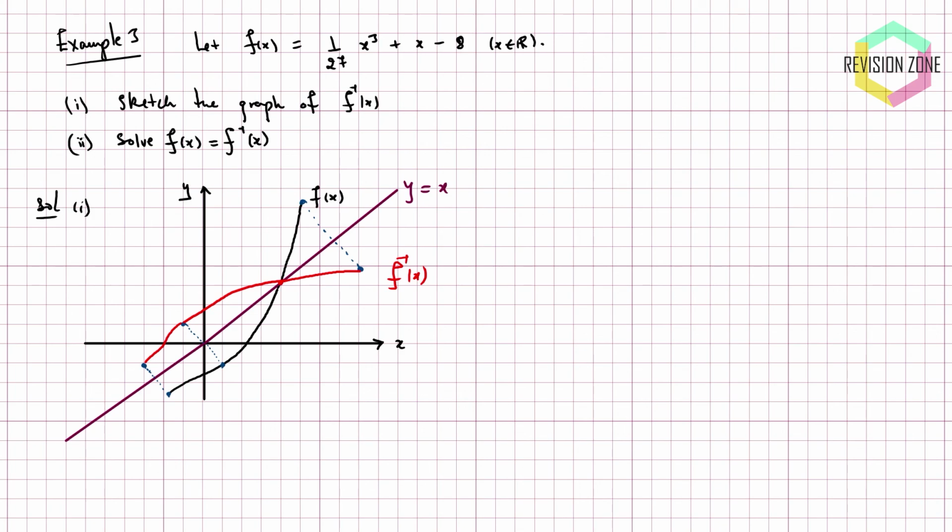Let's take a look at the second part. So we want to solve f of x equals f inverse of x. Okay, so the slightly harder way of doing this is to actually start with y equals 1 over 27 x cubed plus x minus 8, and then to figure out the inverse function, and then to basically substitute into star.